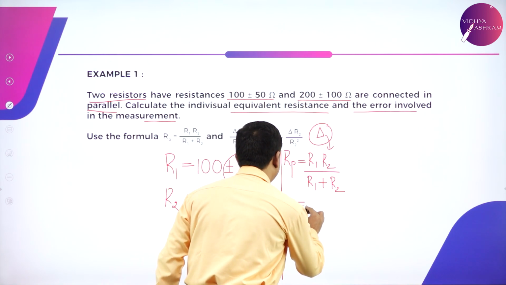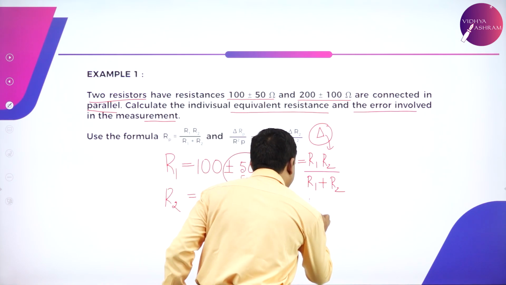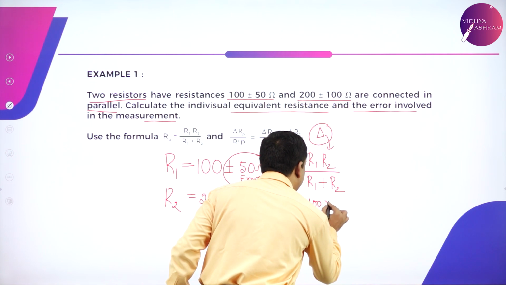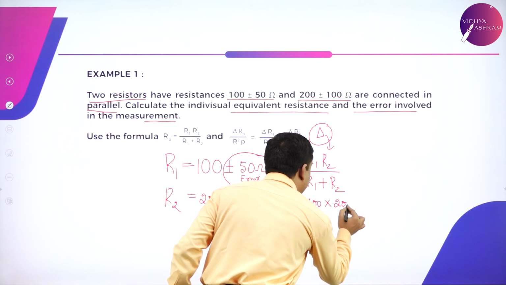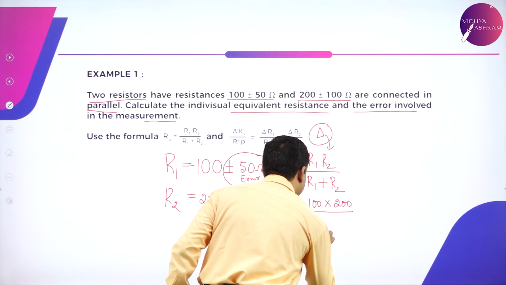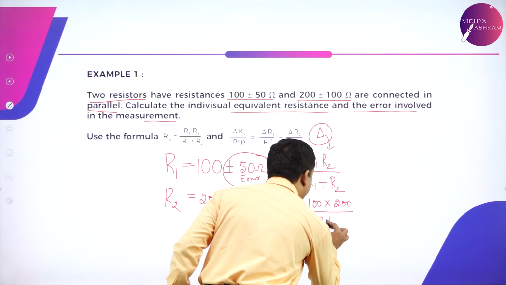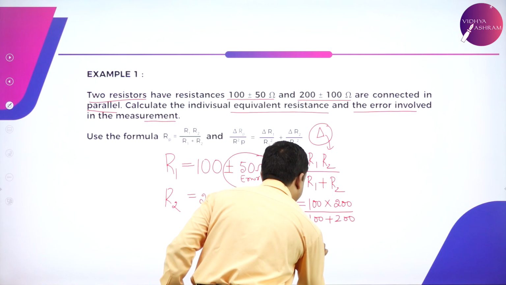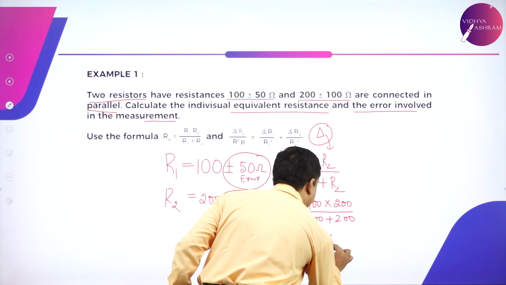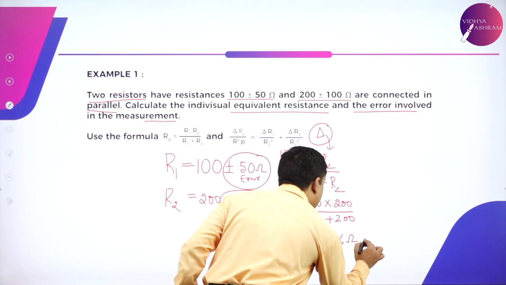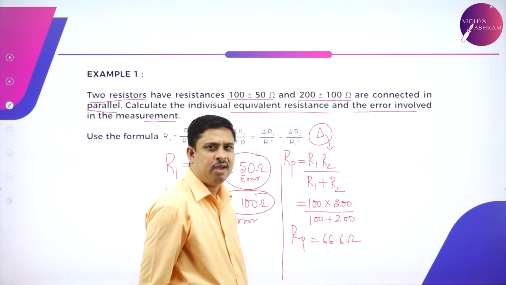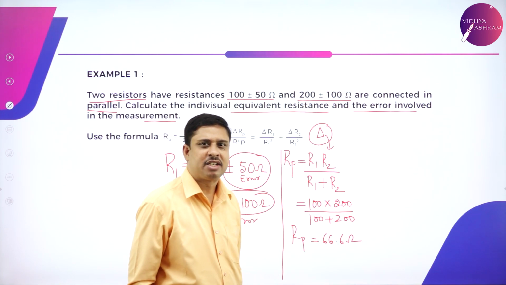So when I substitute, R1 is 100 into R2 is 200 divided by 100 plus 200. So if you calculate, it turns out to be 66.6 ohms. You can just use your calculators.